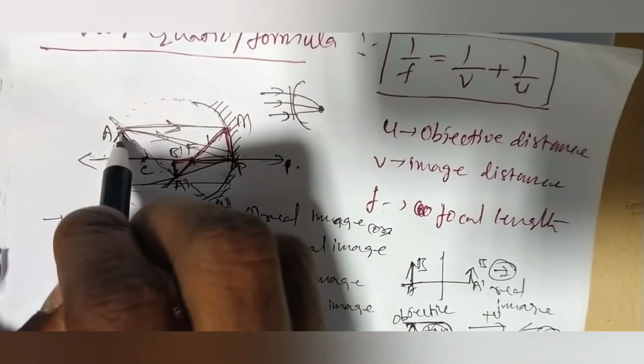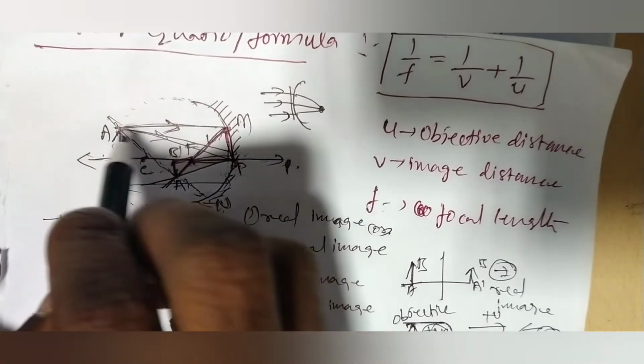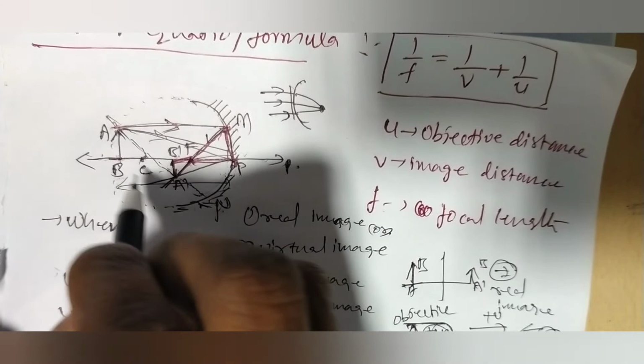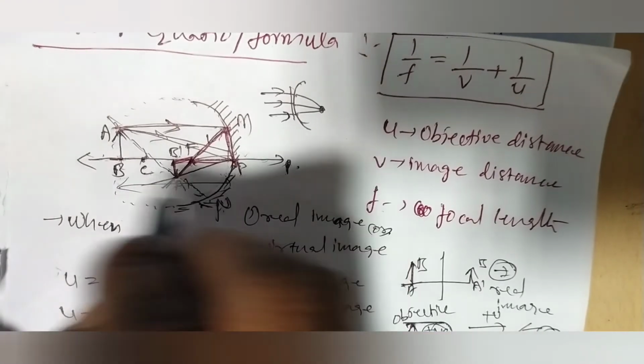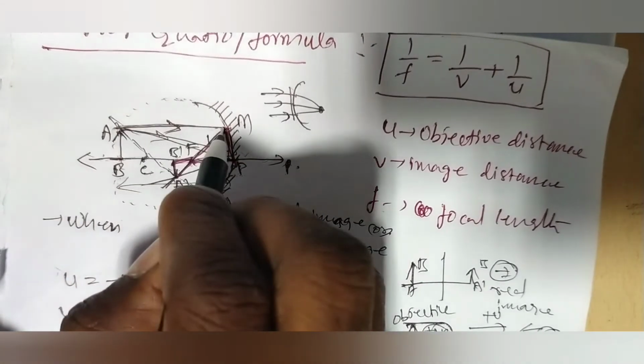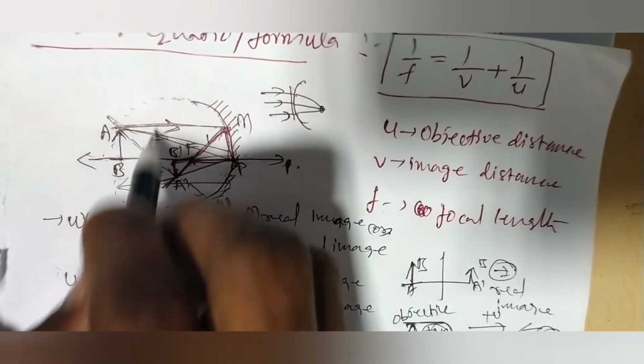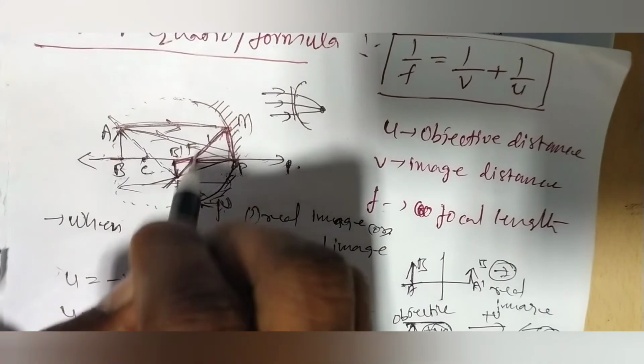The AB is the incident light, that is AM. AM, the incident light ray, is equal to BP. This distance is 20 meters, this distance also 20 meters. That is, both are in parallel.